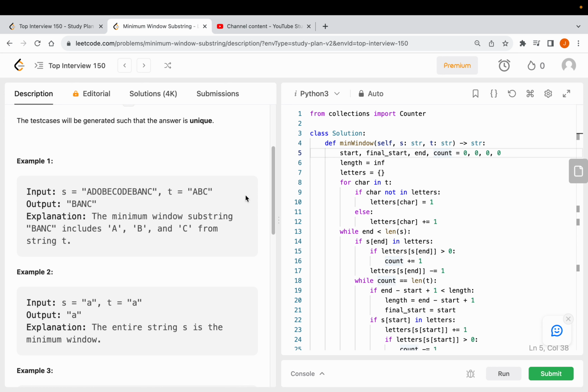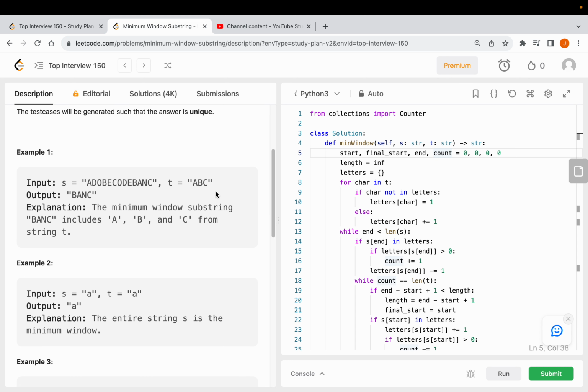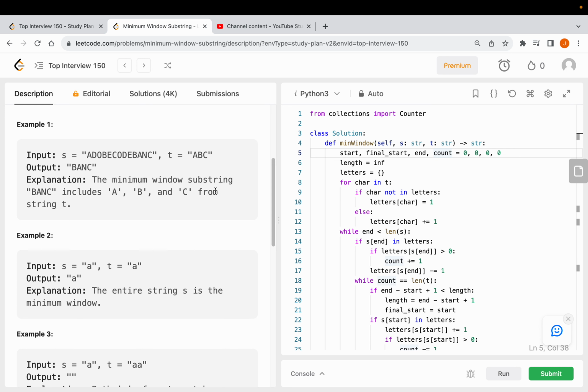For all the characters in T, if it's not in the dictionary, we set its frequency to be 1. Otherwise, we increment. This is basically a frequency dictionary, so letters is going to contain each letter as key and the frequency of that letter as value.